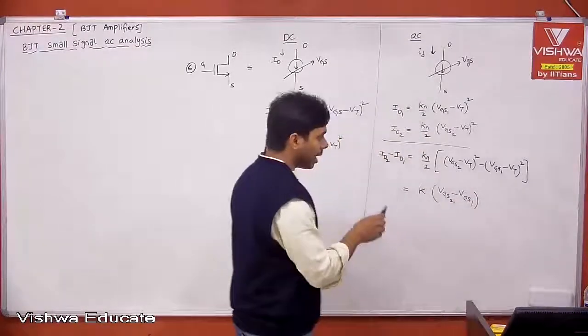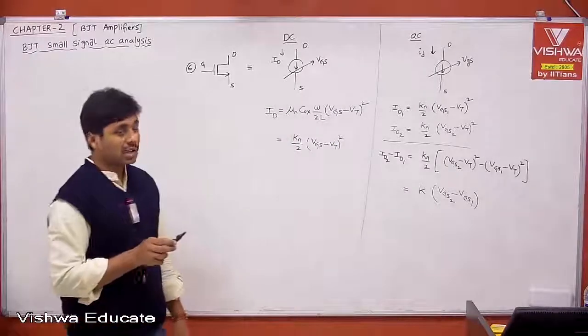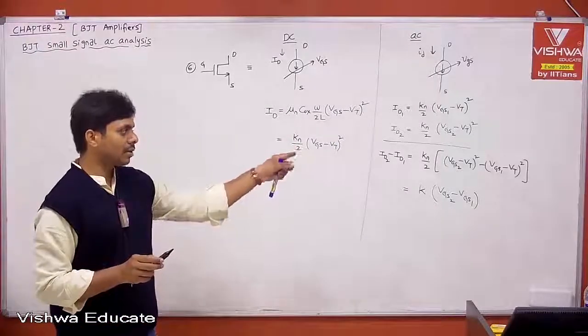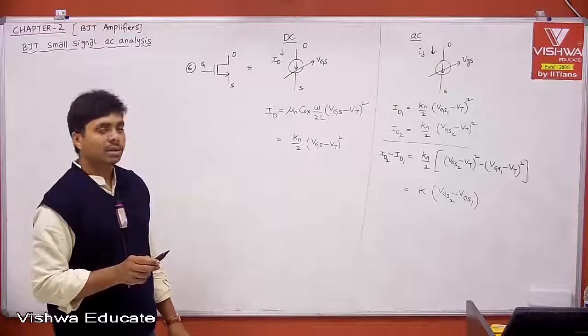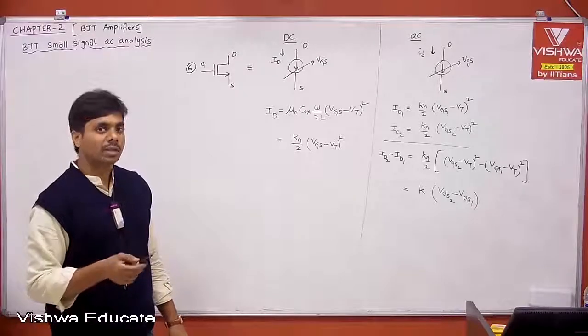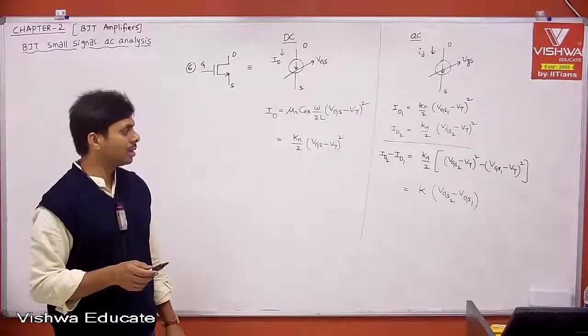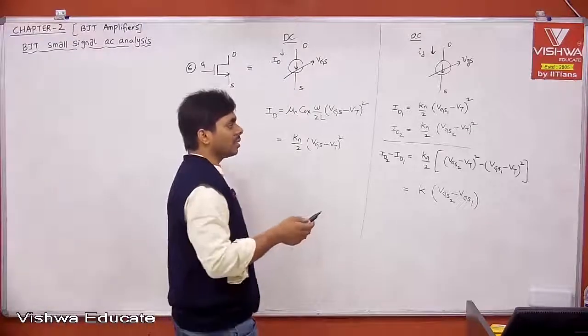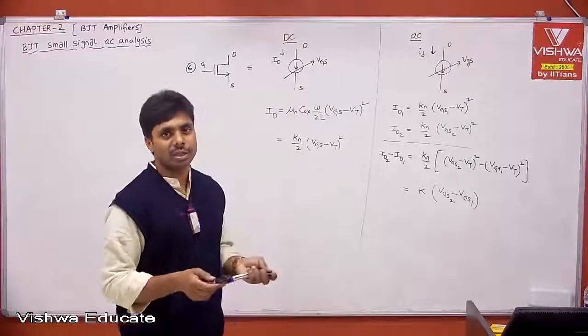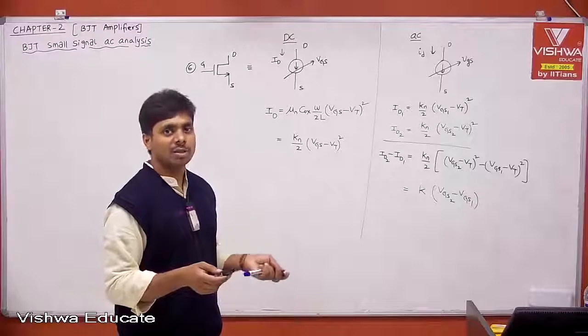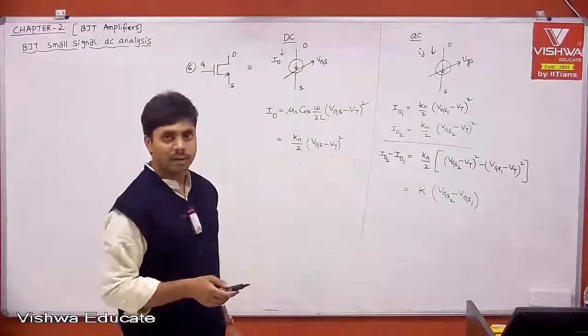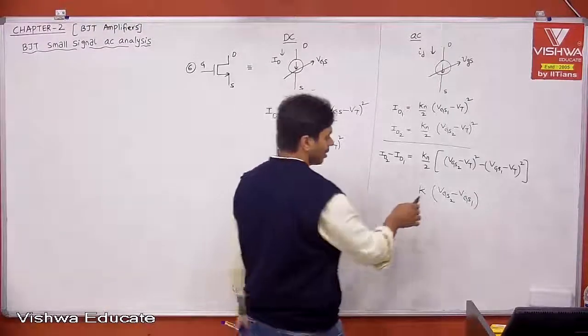But remember, I'll come back to this point because I need to explain something, then only you'll understand, because I'll do some approximation. If I don't explain the qualitative part of that approximation, it is difficult to understand. To explain that, I need a few amplifier configurations, then I'll explain the approximation which is valid, and then we can derive it.